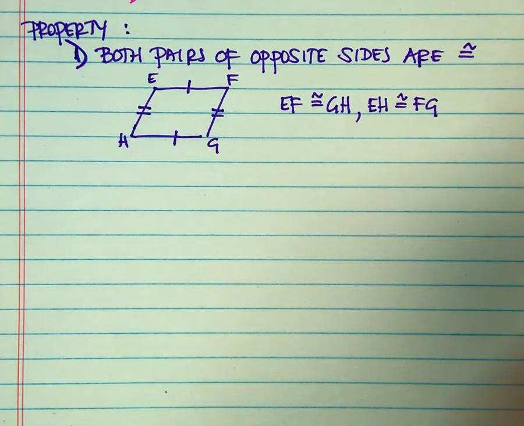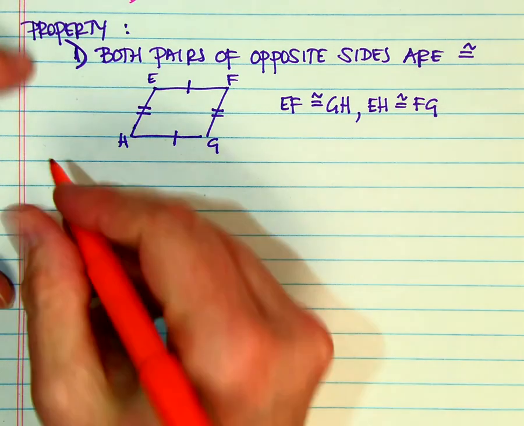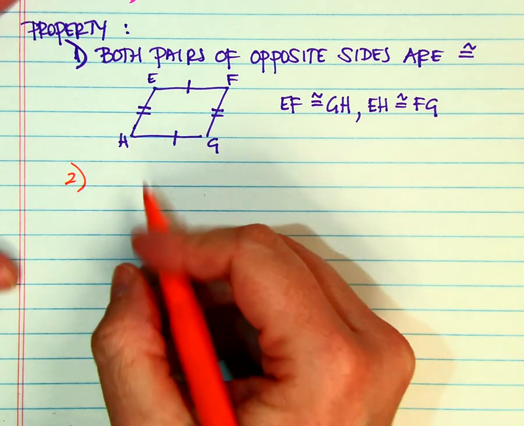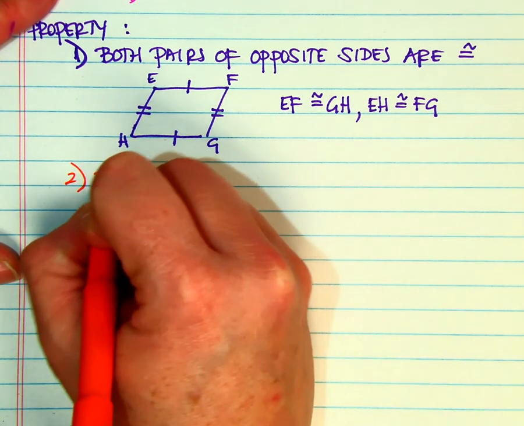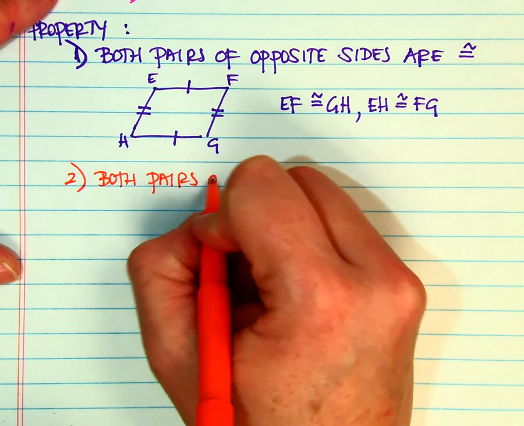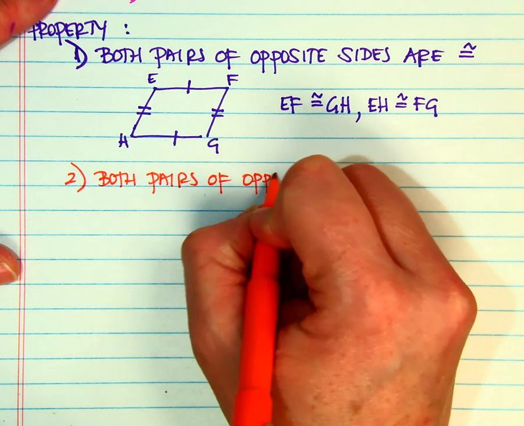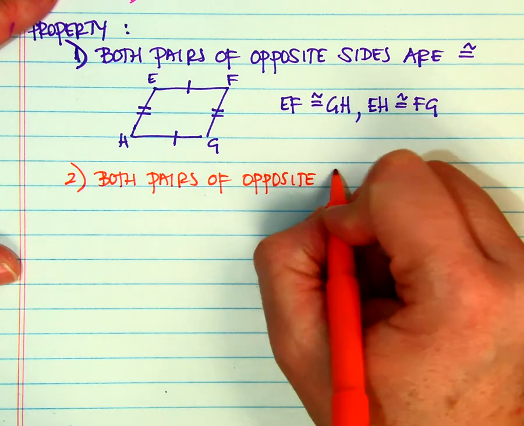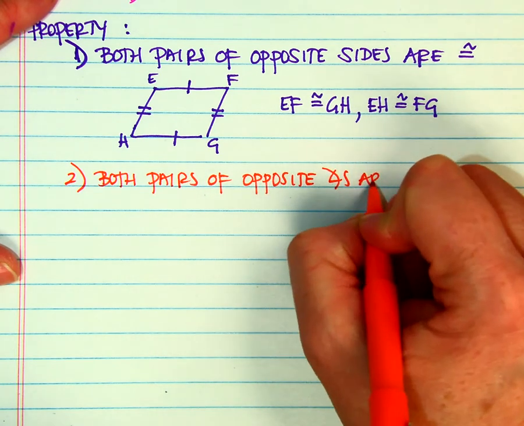Another property would be that both pairs of opposite angles are congruent.